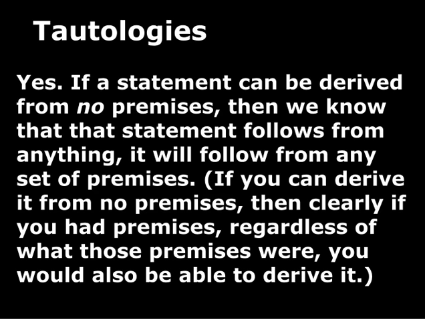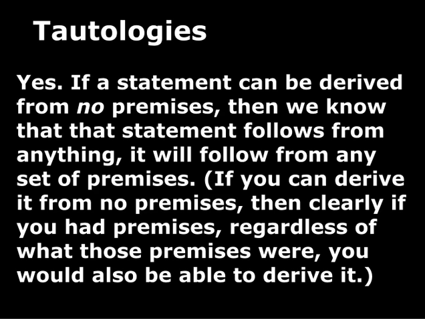If we can derive a statement from no premises, so we take that statement, the one we're trying to determine is a tautology or not, and we treat it like the conclusion of an argument, but we don't have any premises. If we can derive that statement with no premises, then we know that statement will follow from anything.